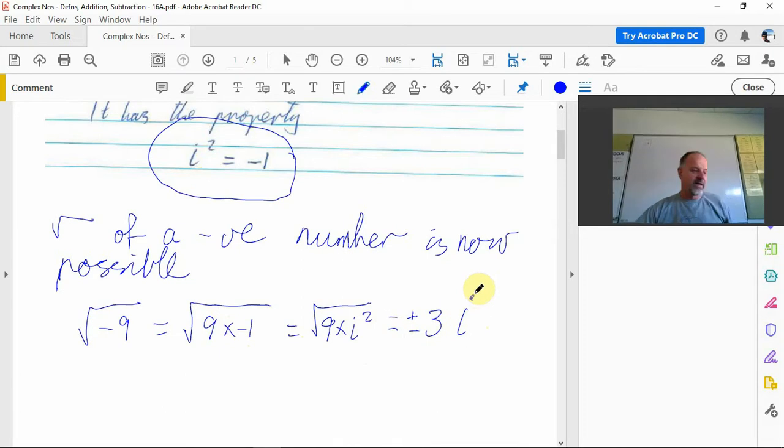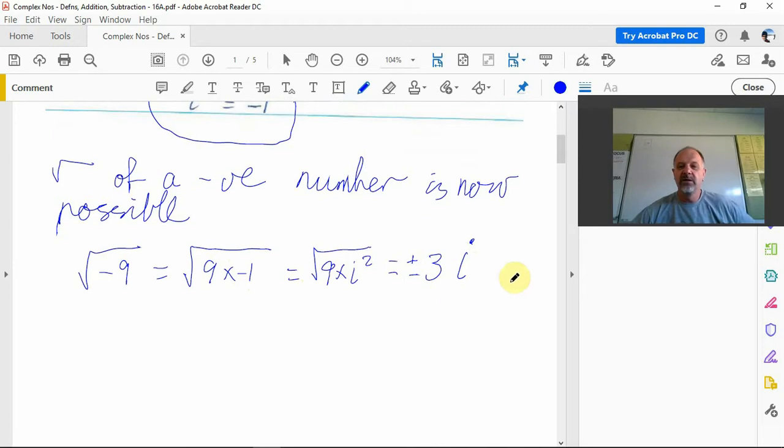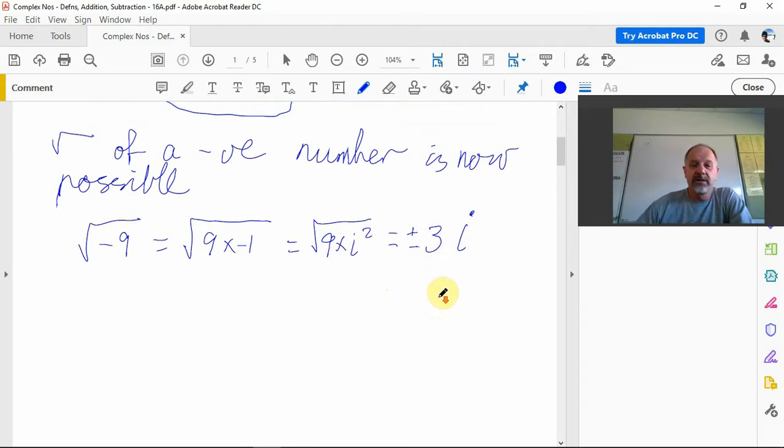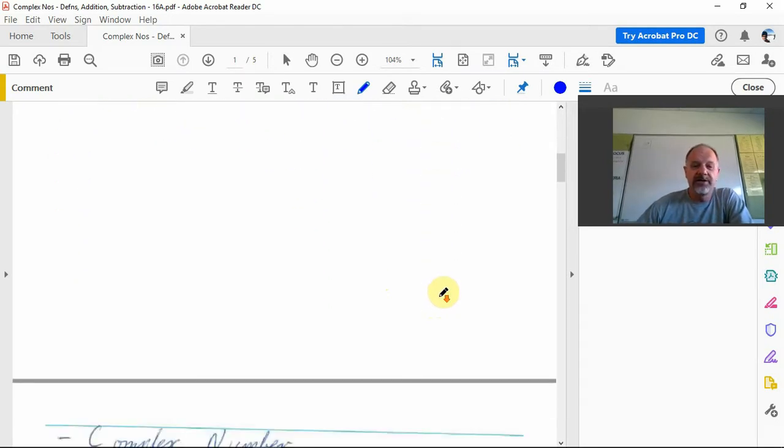So square roots of negative numbers are possible, by replacing the negative with i squared, and then the square root of i squared is just i. All right, so that's the imaginary component.